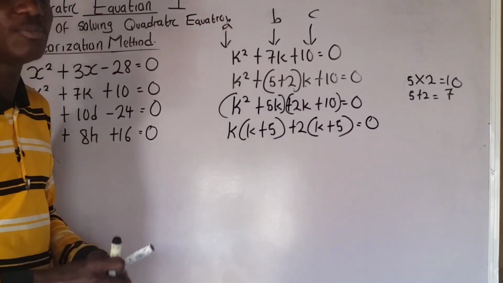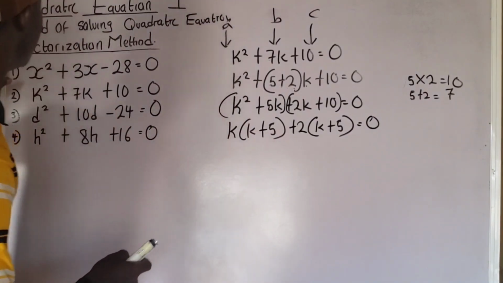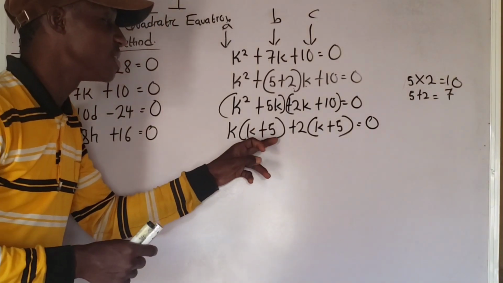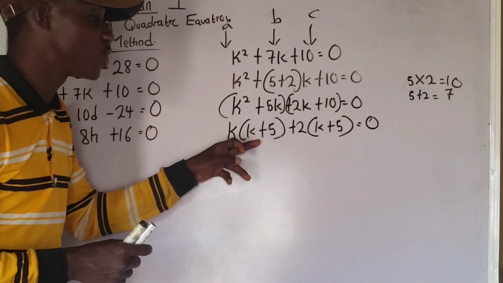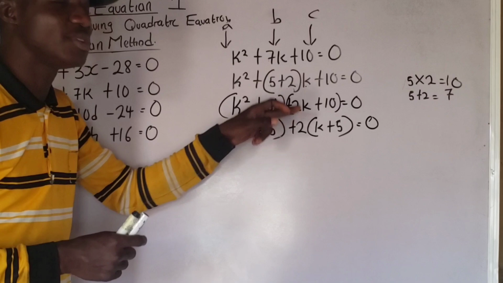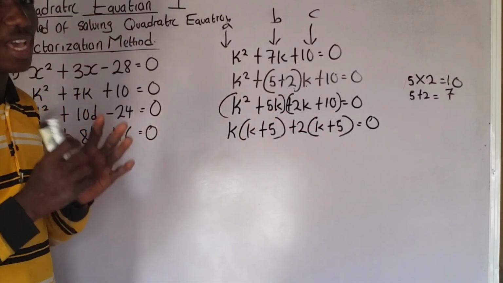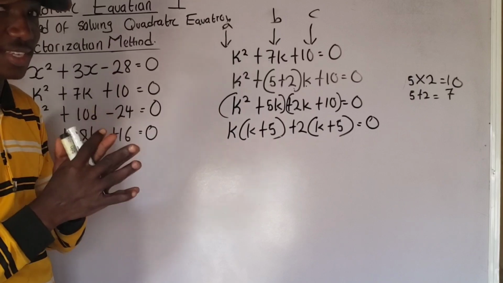Now, please, anytime you are dealing with a quadratic equation involving the factorization method, the values that you have in the first bracket must be the same as the values that you have in the second bracket. Listen to what I said.